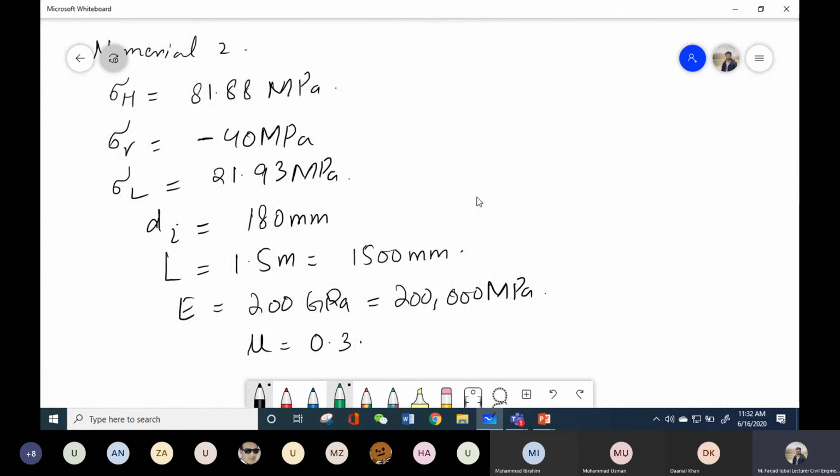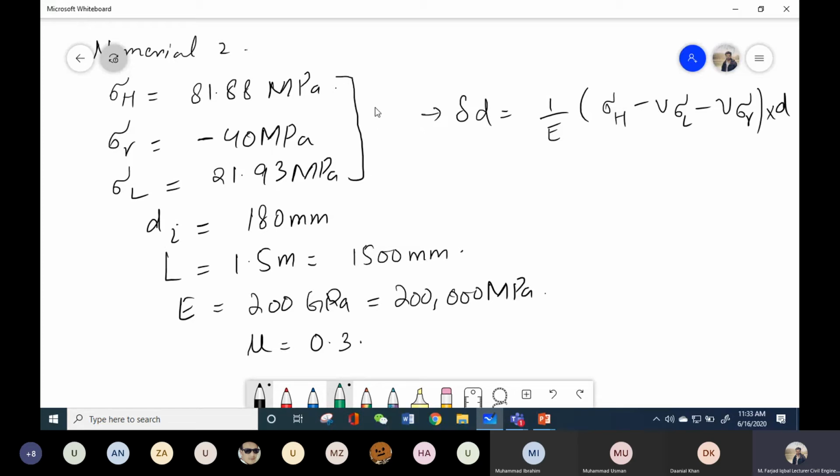So you need to keep one thing in mind that our equation for change in diameter was 1 over E, sigma h minus nu sigma L minus nu sigma R, multiplied by the original diameter. In this question we have been provided the internal diameter, and these stresses are provided on the internal face of the cylinder.